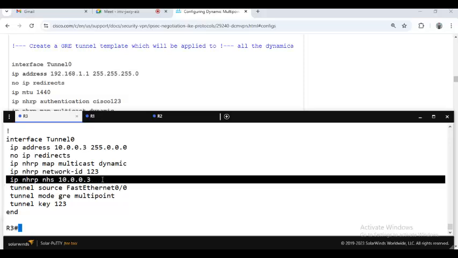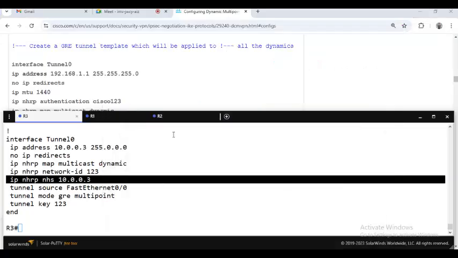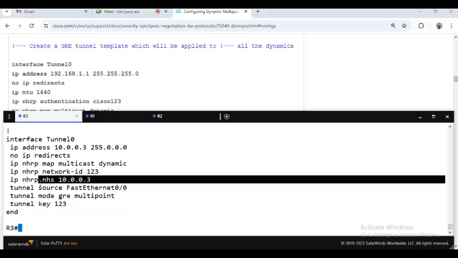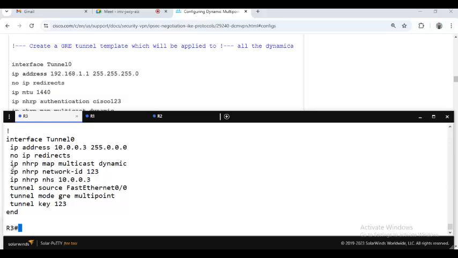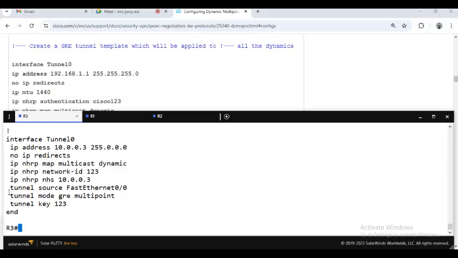And the tunnel commands are source, key, mode. Source, key, mode. Perfect. Nothing more is needed here. On the spokes, source, key, mode. That's all even here.